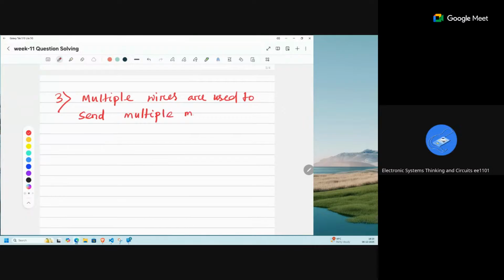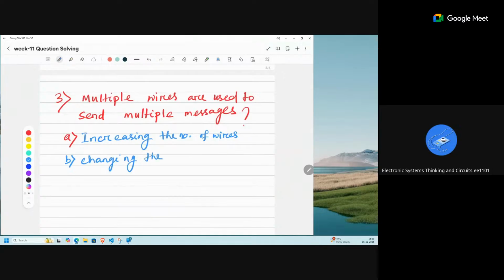For example, option A is increasing the number of wires. Option B, I can say changing the time period of the messages. Option C, I may say using wireless communication.